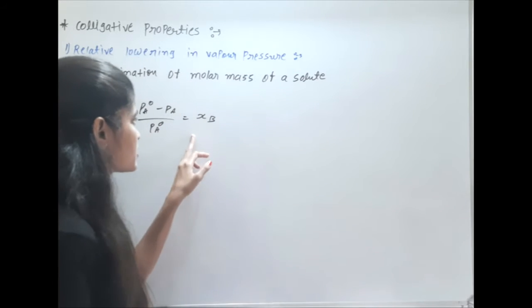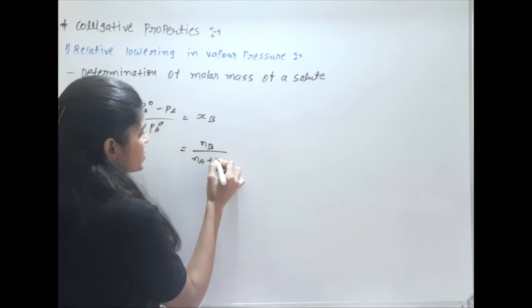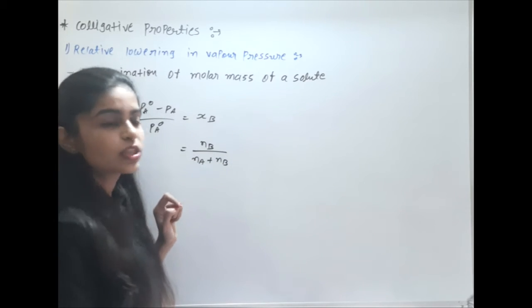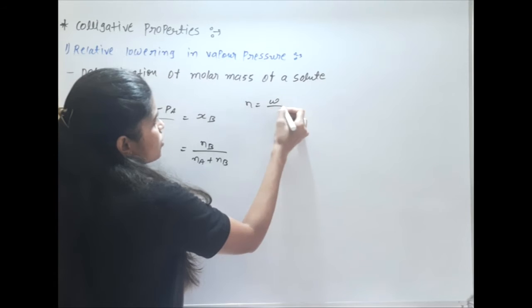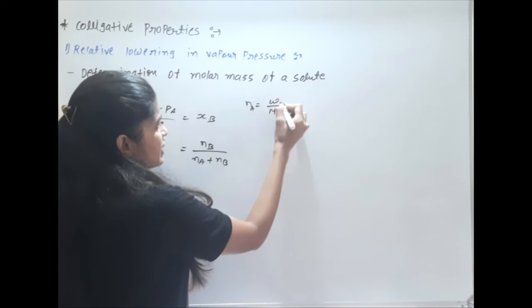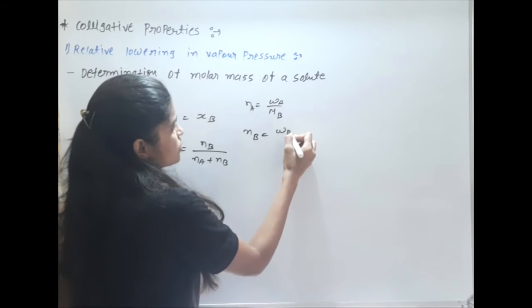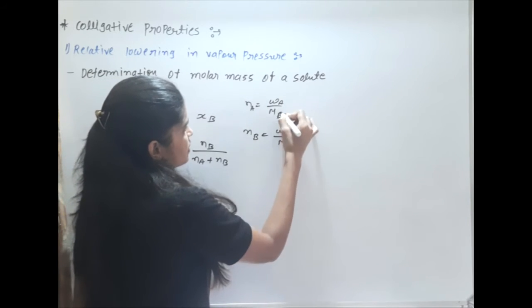So XB is NB upon NA plus NB. And we know that the mole is equal to weight upon molar mass, so NB is equal to WB upon MB.